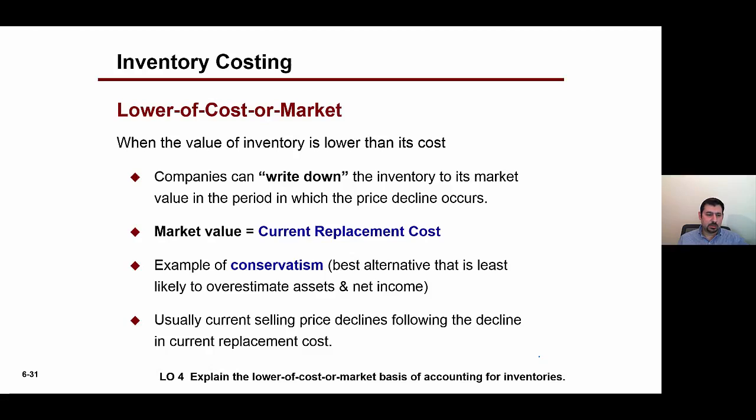So if the cost of replacing the inventory, which is the market, is lower than the purchase cost, the original cost of acquiring it, the company will report it according to the market value.